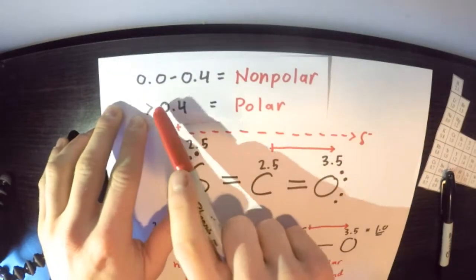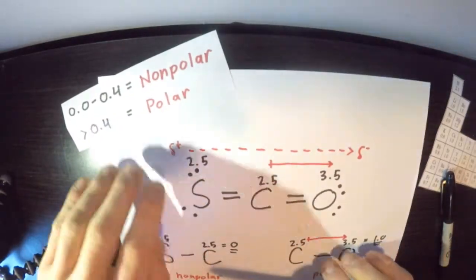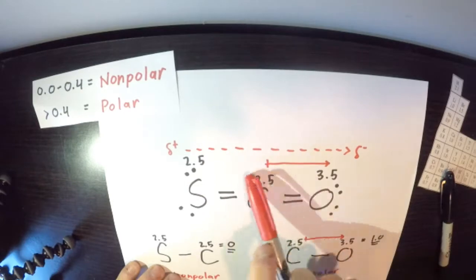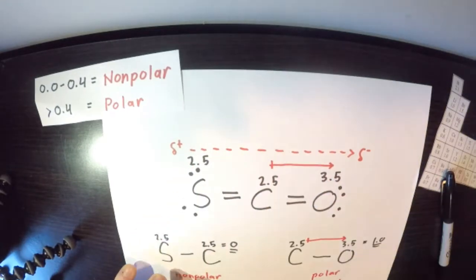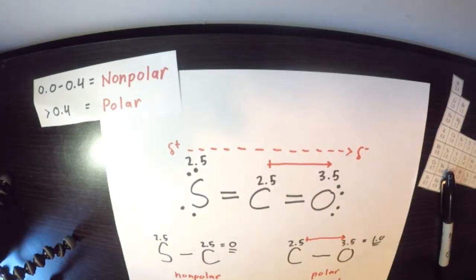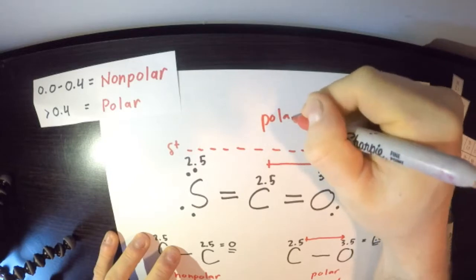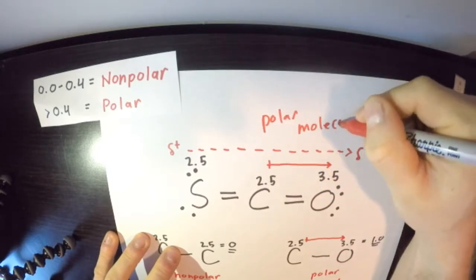If the difference falls greater than 0.4, that makes it polar. Using those different polarities of your bonds, that should show you in which direction your molecule is going to go with its dipole. And then from there you should be able to tell me whether it is going to be a polar molecule or a nonpolar molecule.